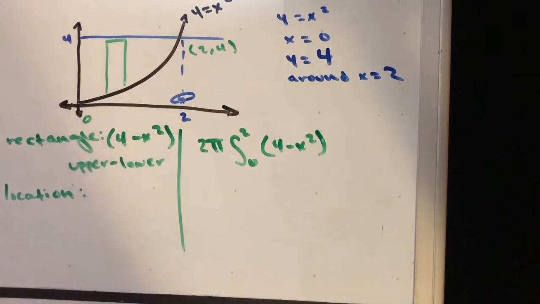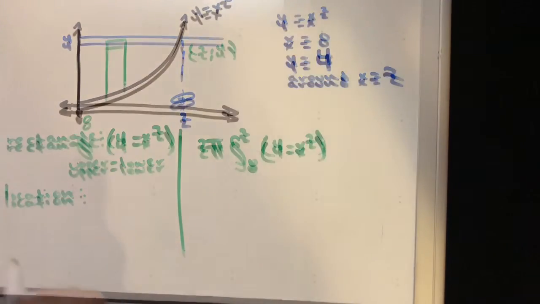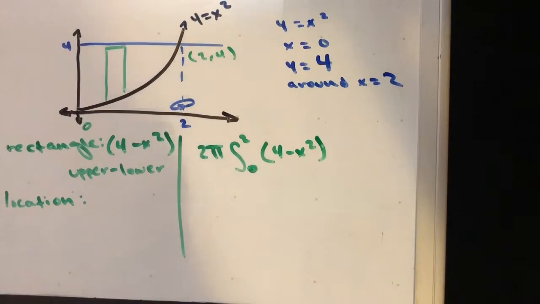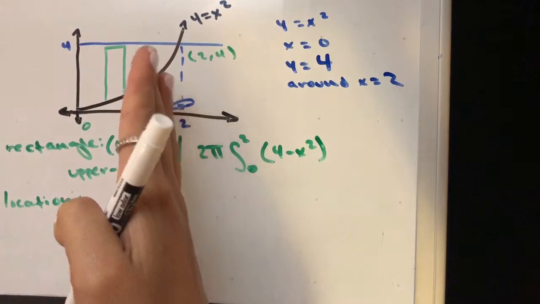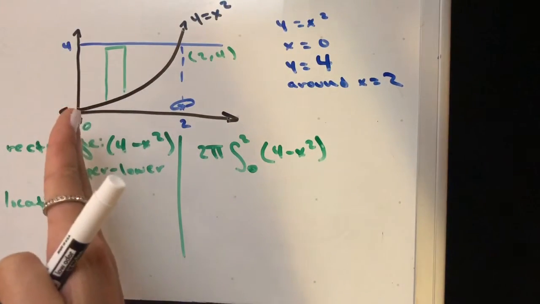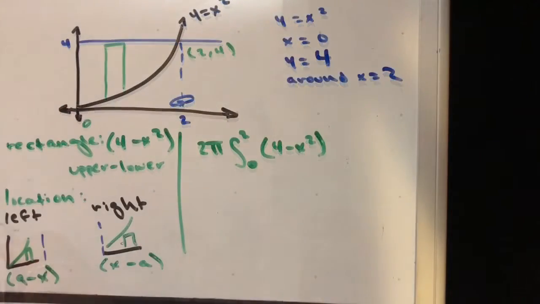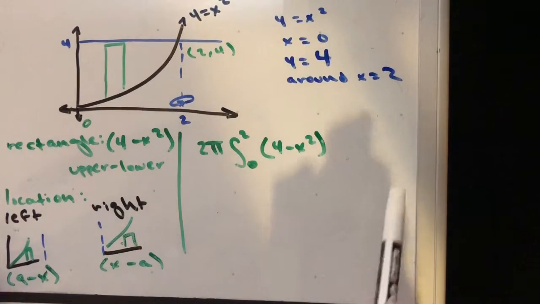Let me draw some stuff. Okay, so there's going to be two situations: when the axis of rotation is to the right of the rectangle and when it's to the left of the rectangle. Okay, so if your rectangle is to the left of your axis, if the blue is the axis, you're going to do a minus x, and that's what you would multiply by.